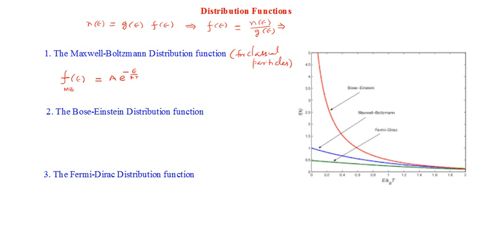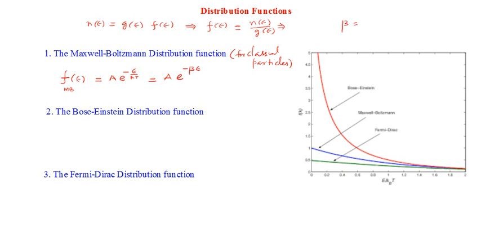Another way of writing this equation is f_MB(E) = A e^(-βE), where β is replacing 1/kT.